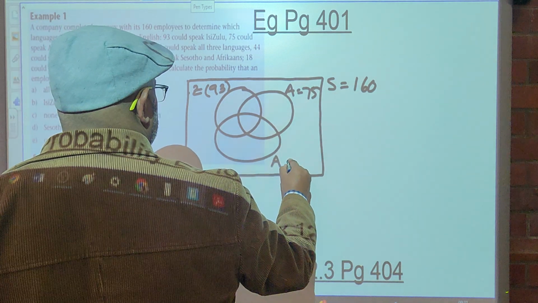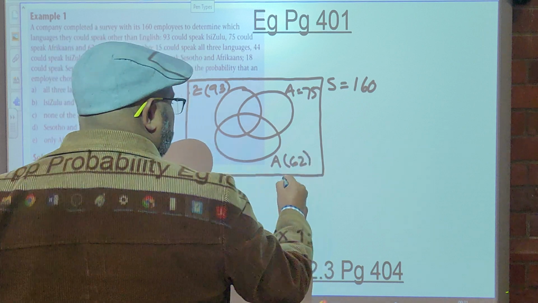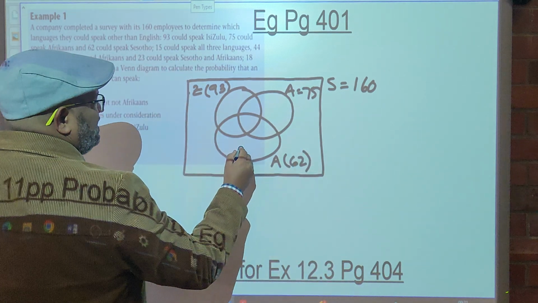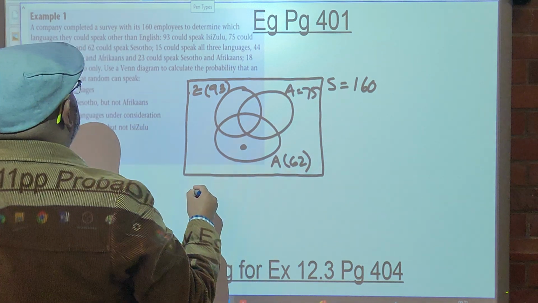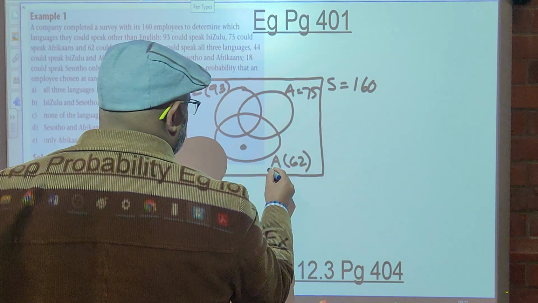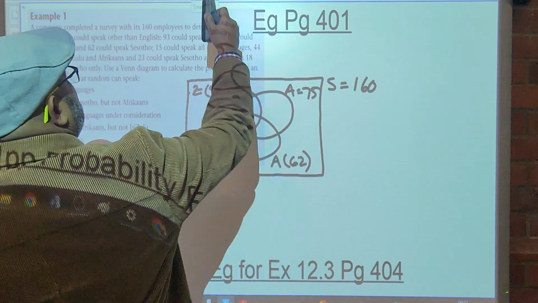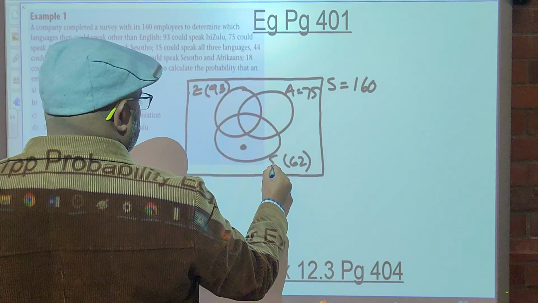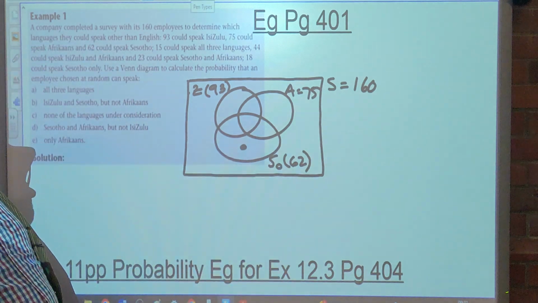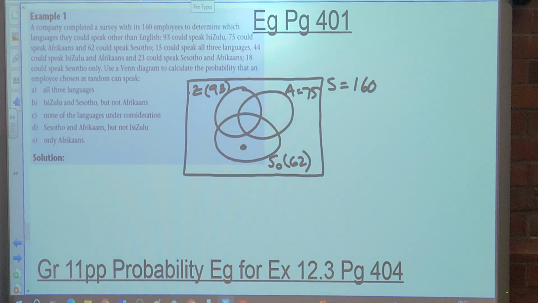So what does that mean? The sample space is already given as S, so I can't put another S there.